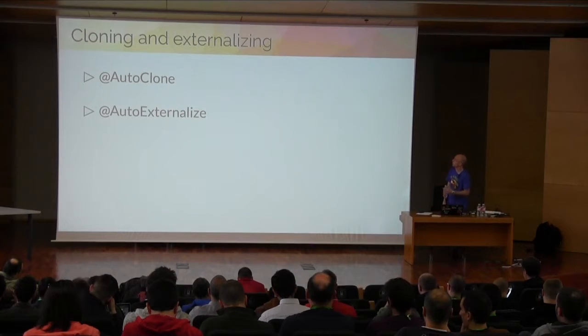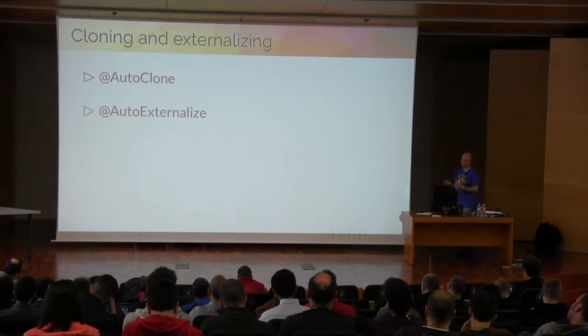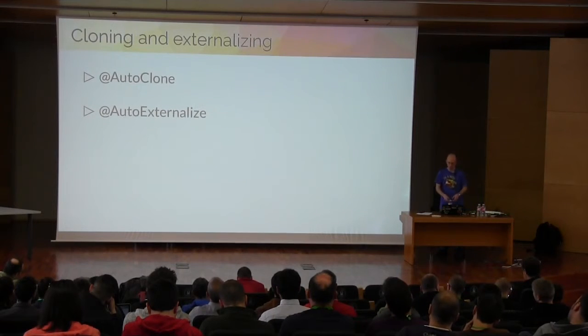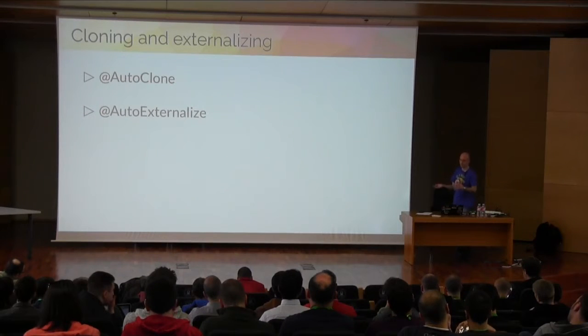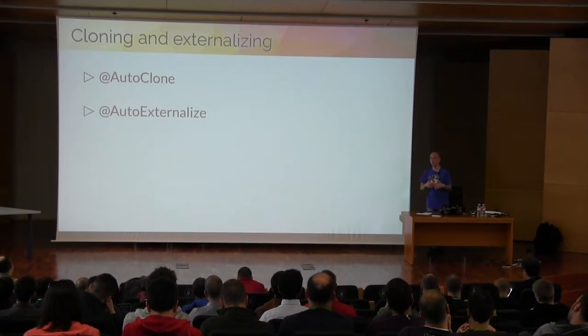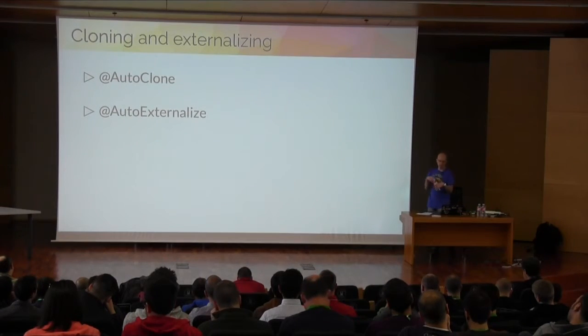We can use @AutoClone to implement the Cloneable interface, and this annotation uses some strategies. For example, we can always call super.clone, or we can implement a new constructor and copy the properties.